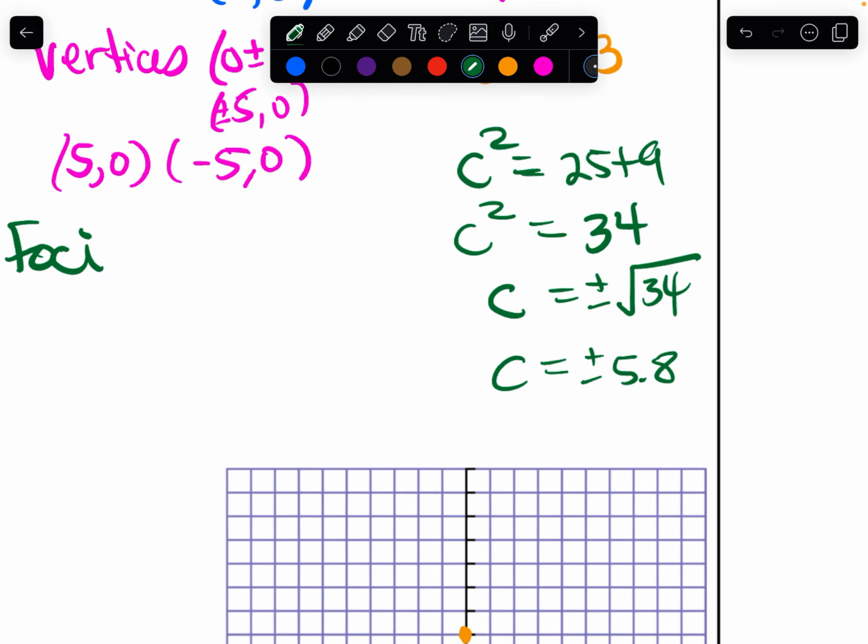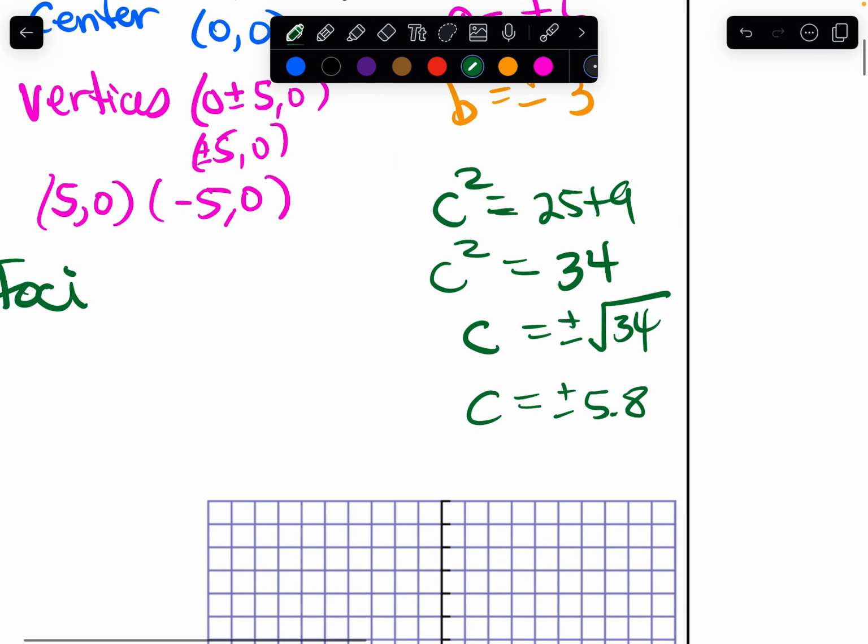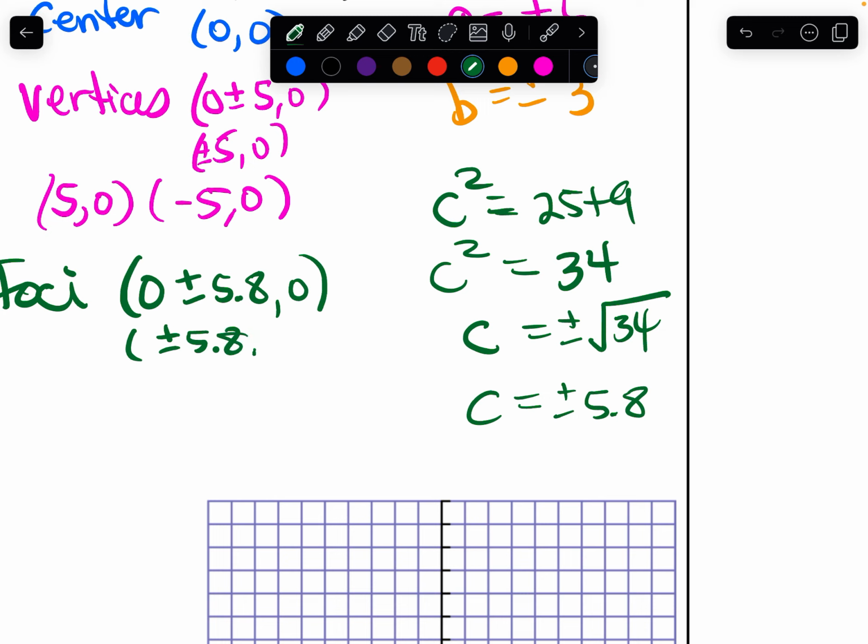Now, you could have done it taking the H value and doing plus or minus the C value, comma, the K value, and gotten plus or minus 5.8, comma 0, or 5.8, comma 0, negative 5.8, comma 0. So you could have done it that way.